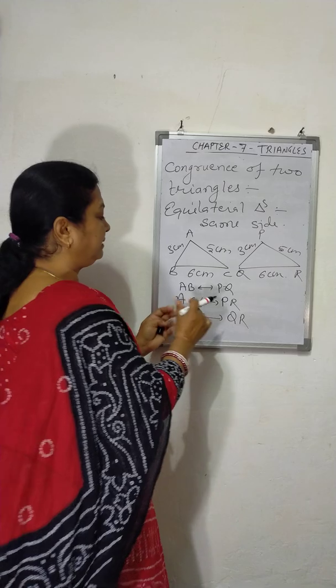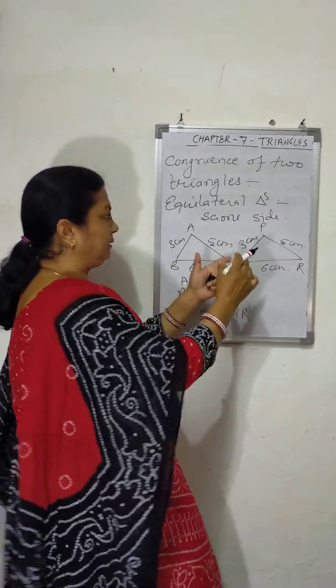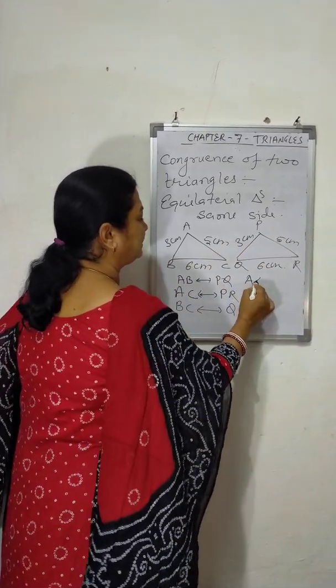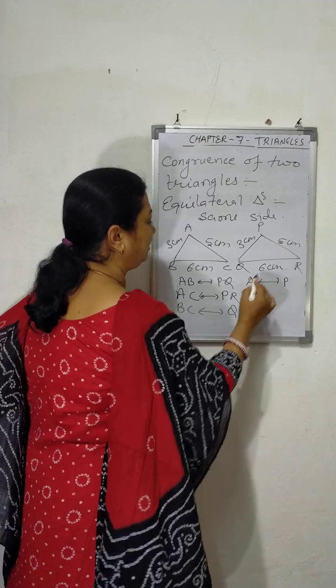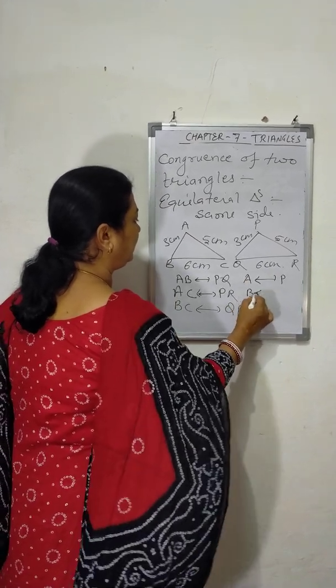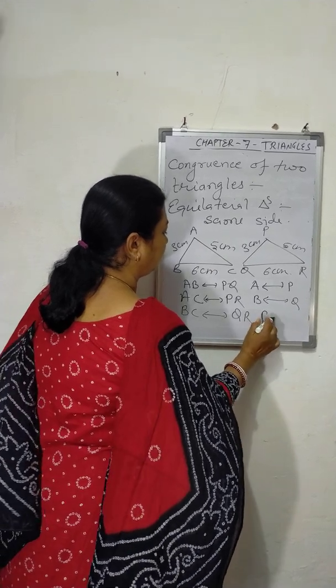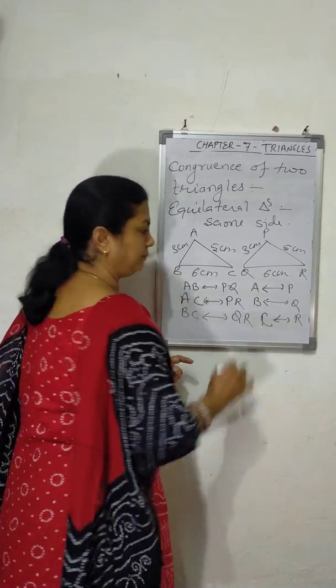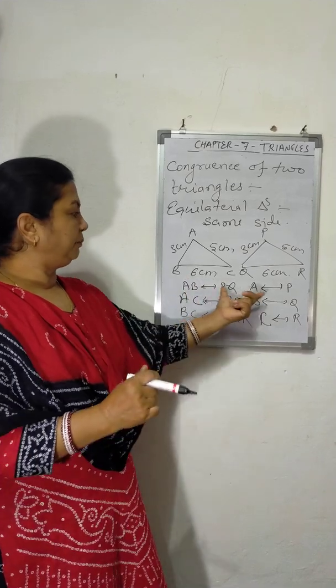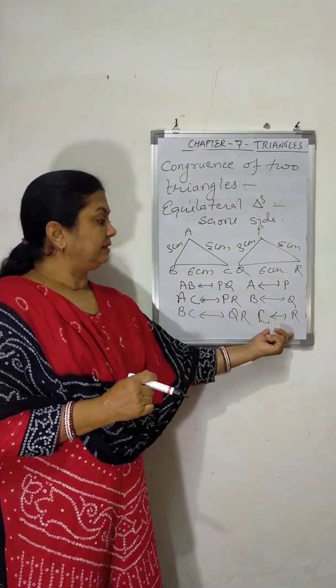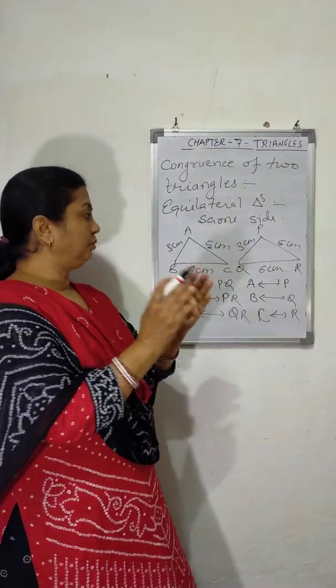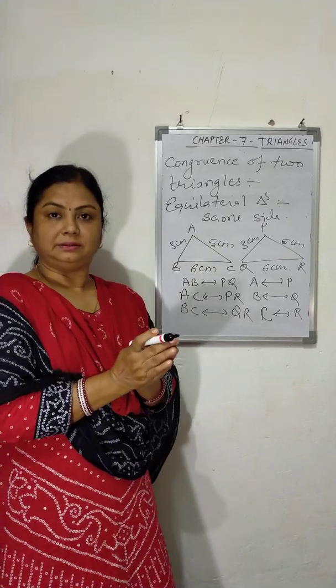Similarly, if we are talking about the vertices, vertex A and P will coincide, B and Q, and C and R. So when we put these sides and vertices together, only then both the triangles overlap each other.